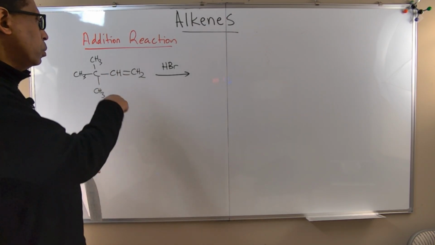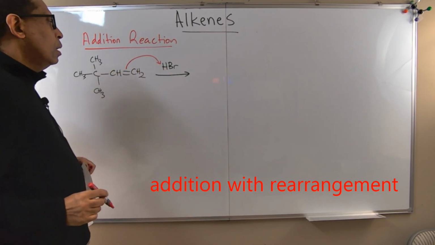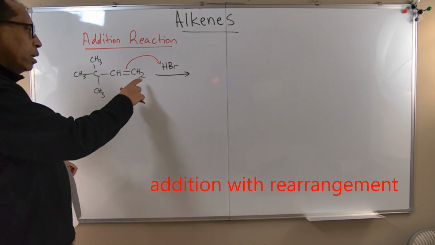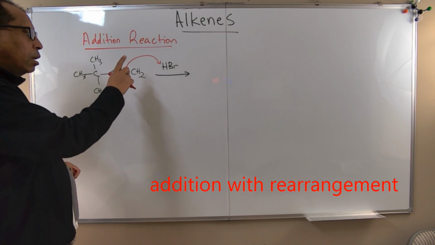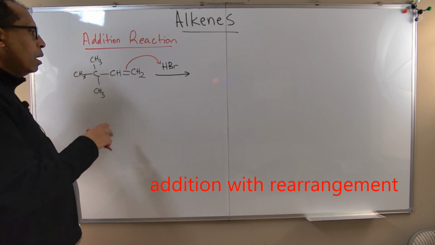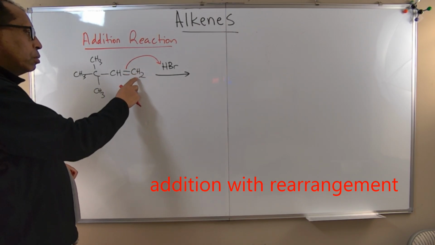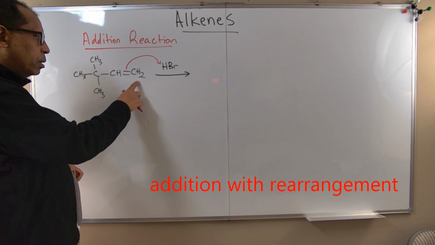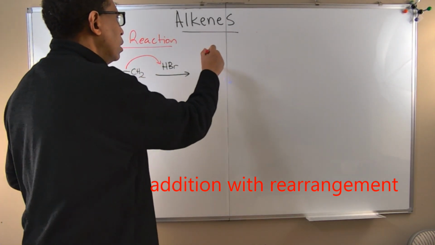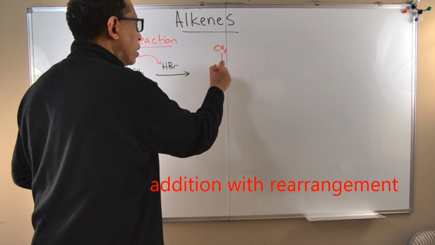So let's do initially, okay, if I just grab this, obviously the carbocation should not be on this, but on this one, according to what we have discussed by Markovnikov's rule, the H should go to the less substituted carbon. Okay, let's just start writing that out and see what we get.